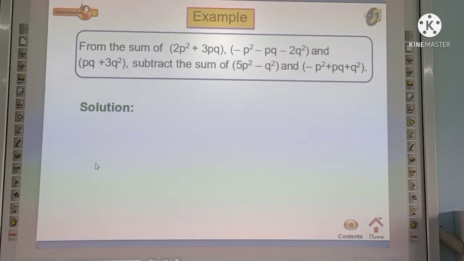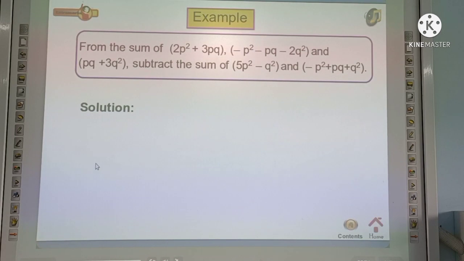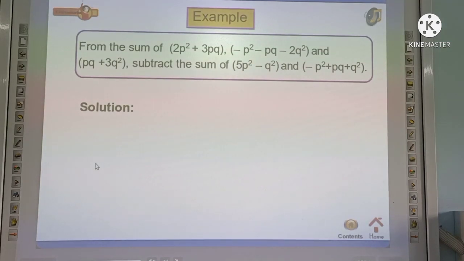Let us now solve a different type of problem. From the sum of 2p squared plus 3pq minus p squared minus pq minus 2q squared and pq plus 3q squared, subtract the sum of 5p squared minus q squared and minus p squared plus pq plus q squared.